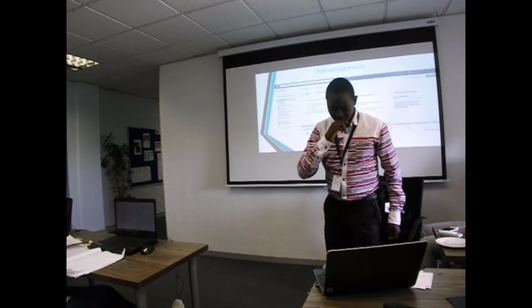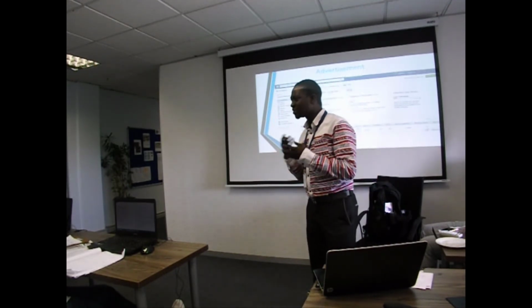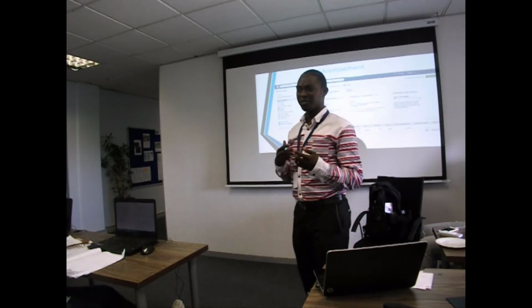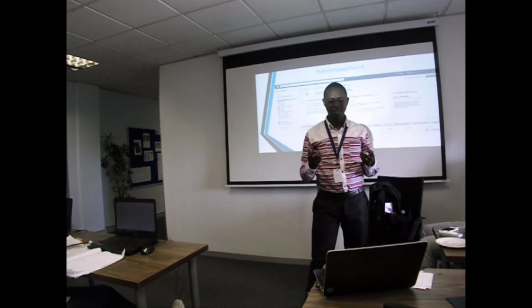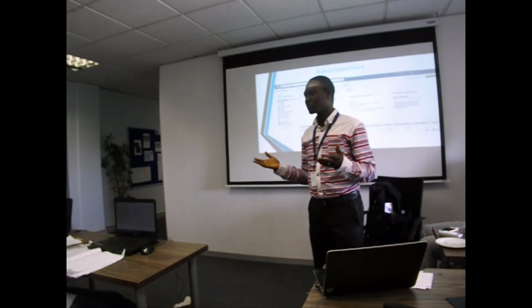Now, how do they really make use of all this data? They have been storing all this data, getting it from different cities, from your pages and all the likes. They actually make a lot of money with this. How?